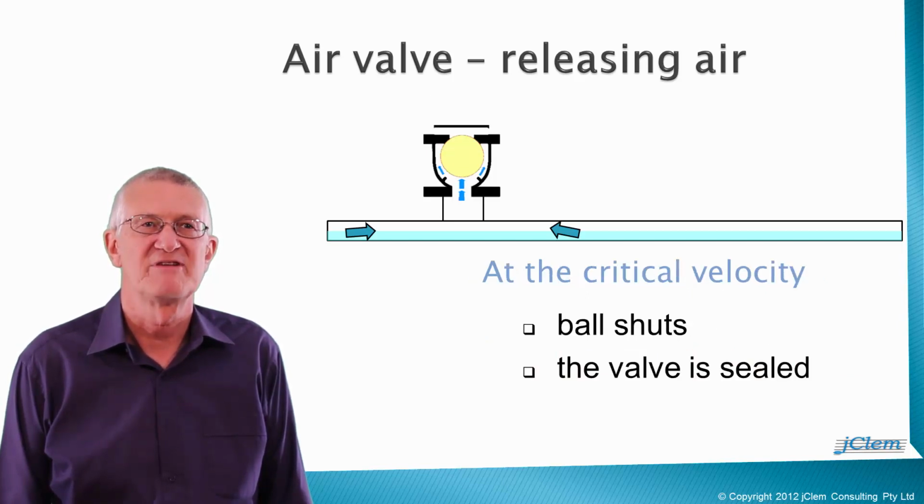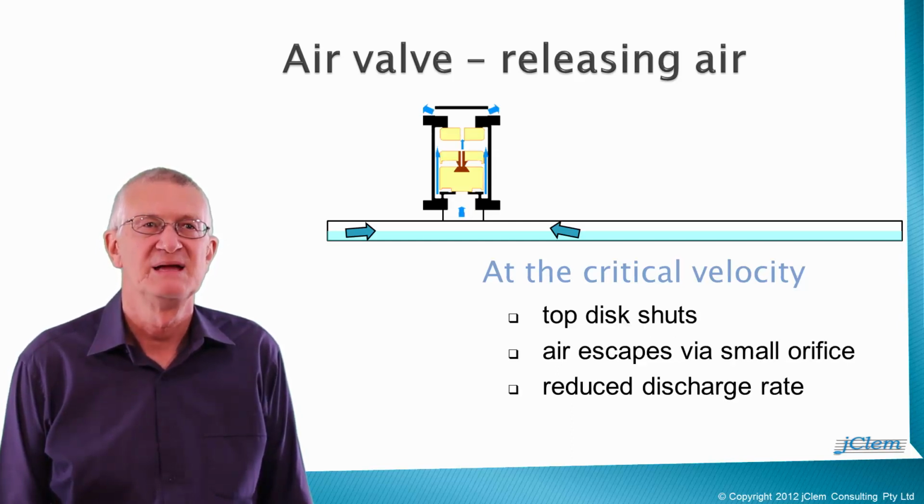In a normal air valve, when the critical air velocity is reached, the ball shuts, totally sealing the valve. In multiple disc air valves, when the critical air velocity is reached, only the top disc shuts. This puts a multiple disc valve into a different operating mode. Air is now able to escape through a small passage through the middle of the top disc.